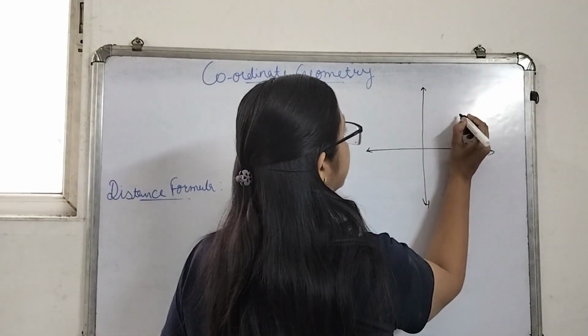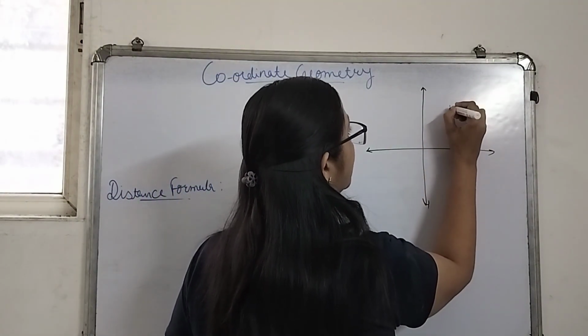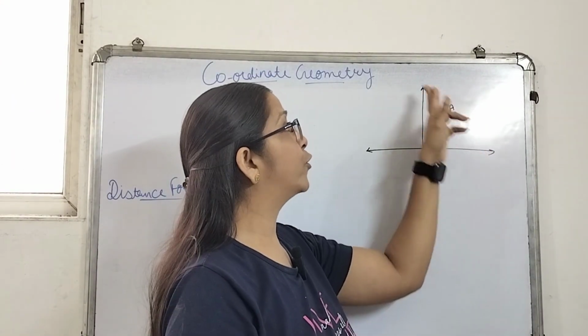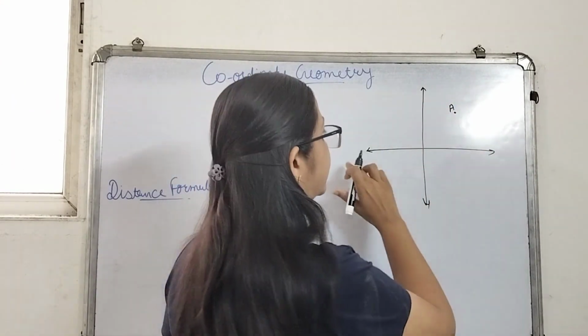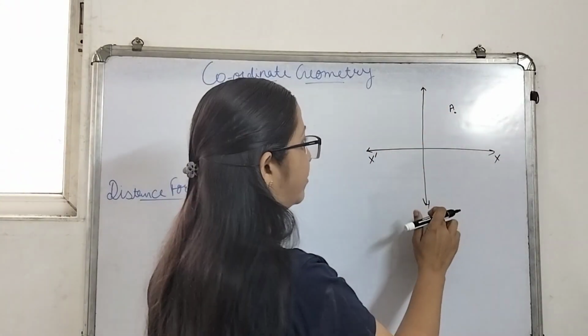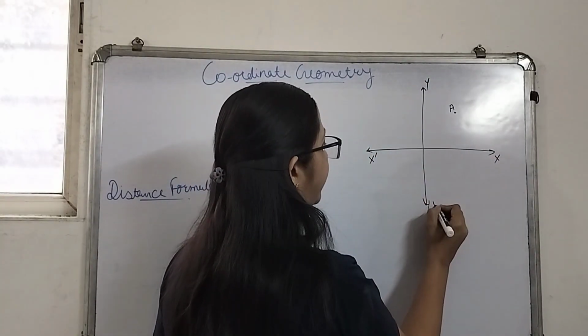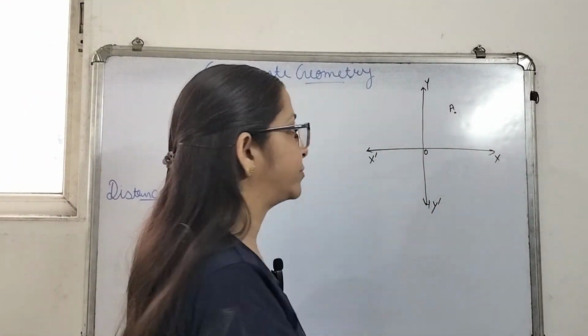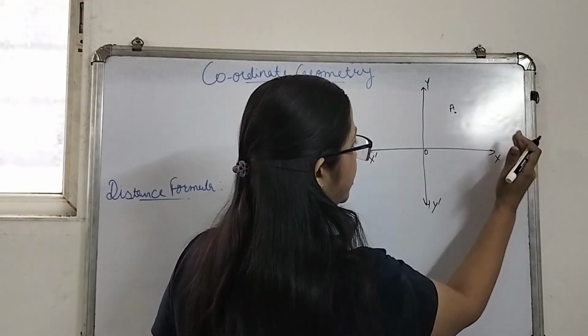Suppose this is your point A, then the distance of this point from the y-axis, this is your x-axis, that could be written as x dash, and this is the y-axis, over here y and y dash. This is the origin denoted by O. Now this is the positive x-axis.